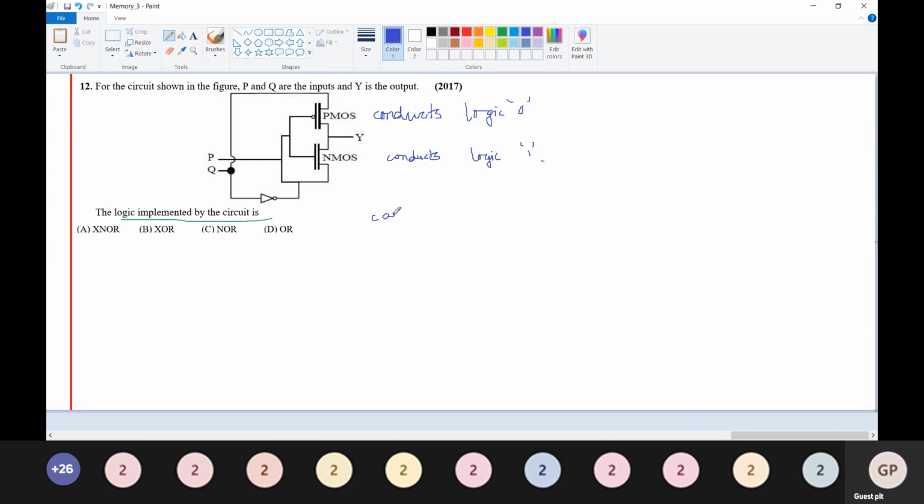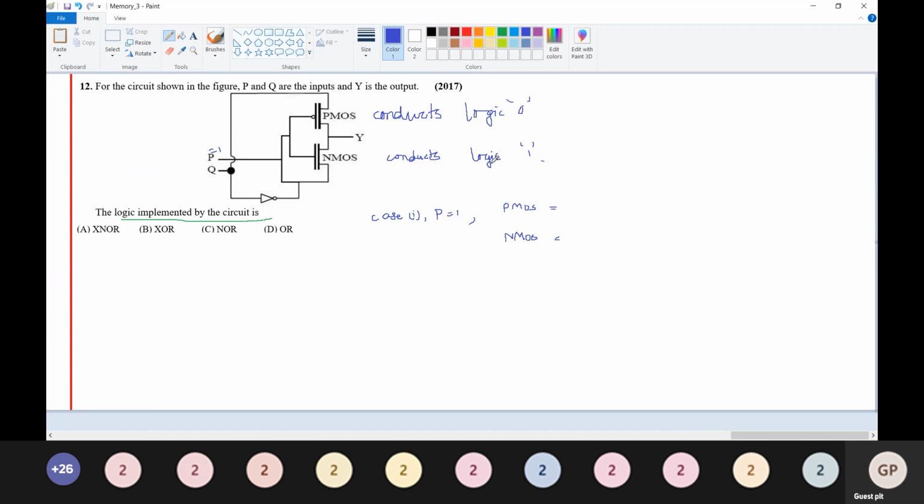Now you will see two cases. In case 1, if P is equal to 1, what will happen? We have two MOS transistors, the PMOS and the NMOS.